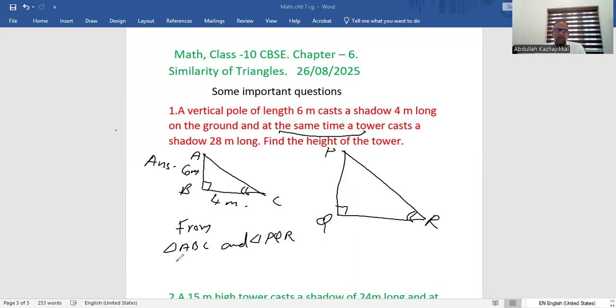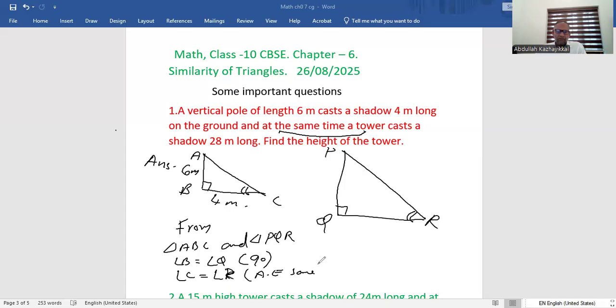Angle B is equal to angle Q, that is 90 degrees. Correct? Now angle C is equal to angle R. Why? Tell me why. Because of the angle of elevation, the same thing at the same time. From the sun, the shadow gives the angle of elevation. The angles of elevation are the same.